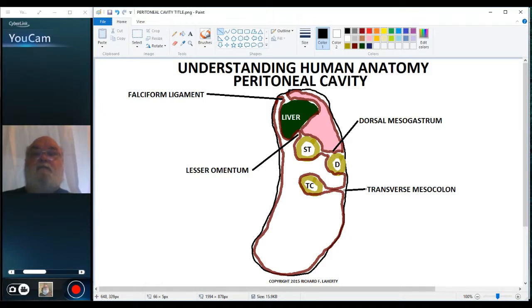So here we are. Now we're going to form the greater omentum. And the greater omentum is going to form by the dorsal mesogastrum evaginating, growing out.